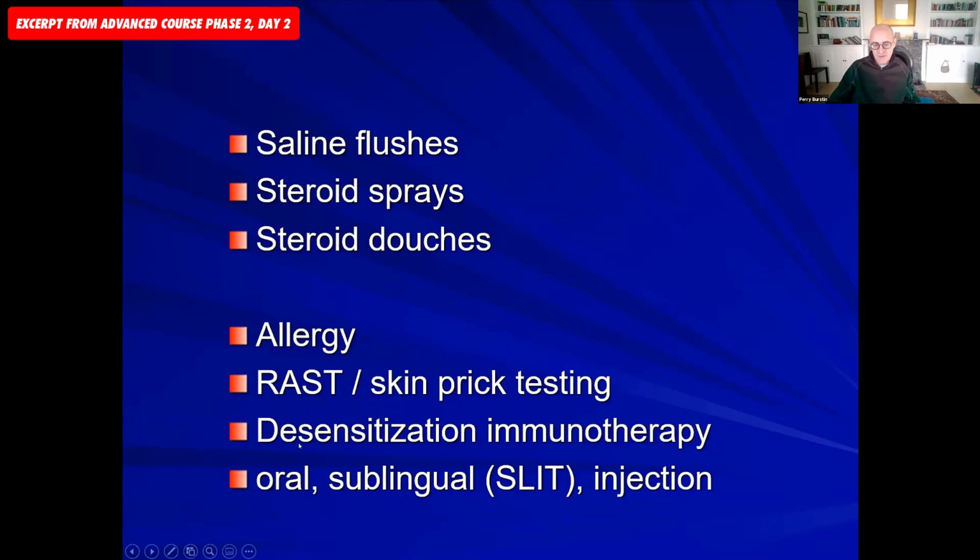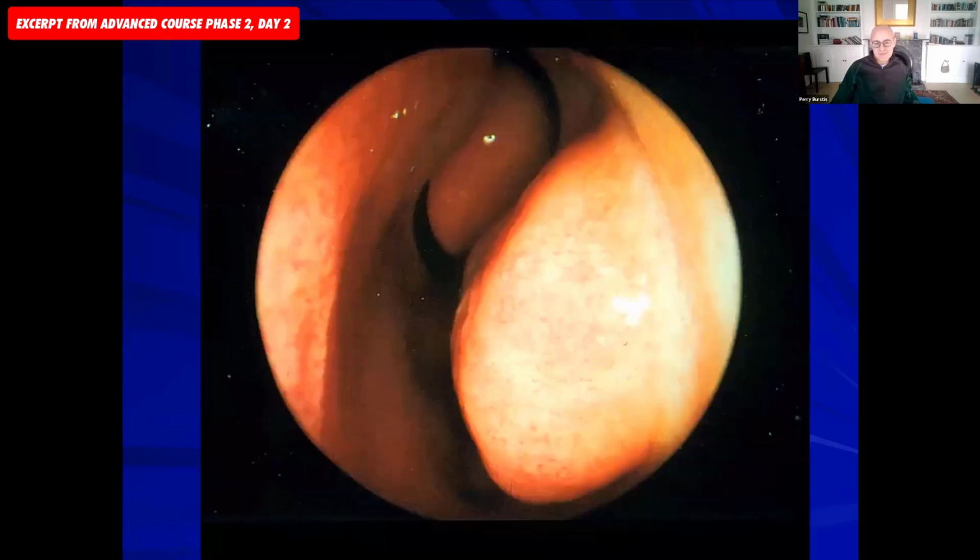And you can refer them off for potential desensitization immunotherapy, and that is either oral, the sublingual, which stands for sublingual immunotherapy, or there's injections. But like in Seinfeld, where there was Bubble Boy, people can't be Bubble Boy or Bubble Girl. They can't avoid life, and they're going to be exposed to various allergens no matter what they do or how much they try.